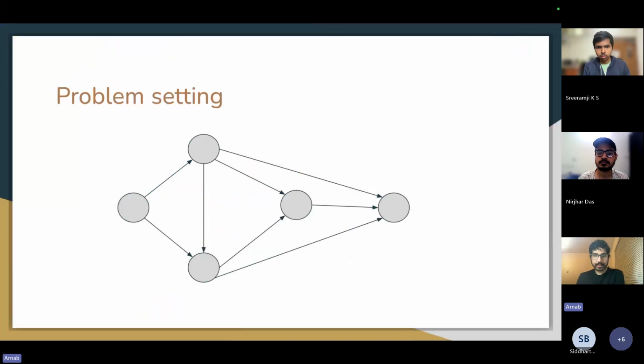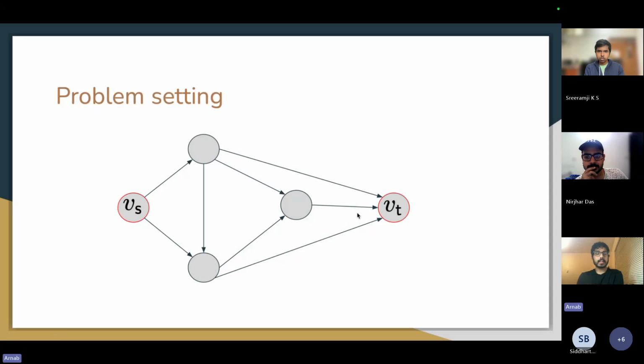So I'll get started. In this talk, I'll be focusing on a very classical problem in learning theory, called online shortest path in directed acyclic graphs. In this problem, you're given an input graph which is directed acyclic, and we assume there is a single source and a single sink.